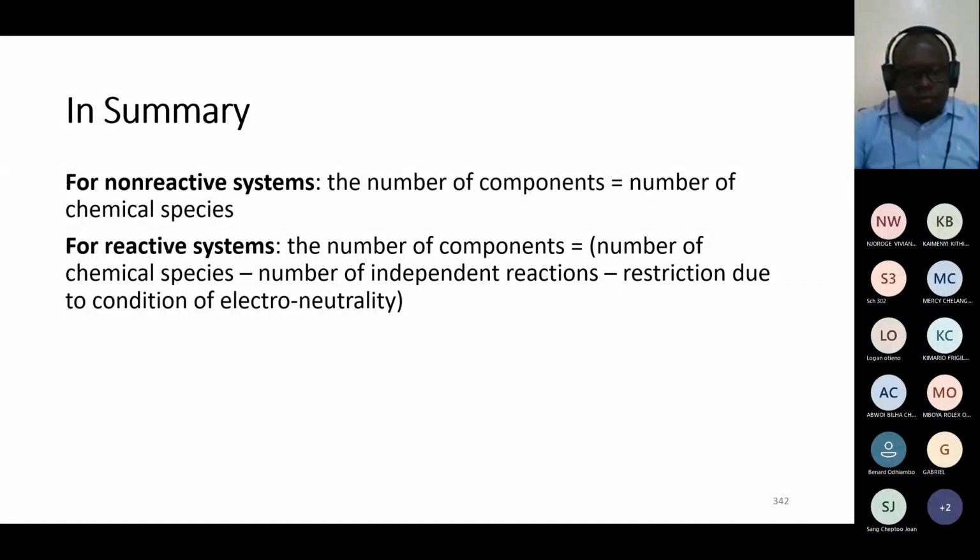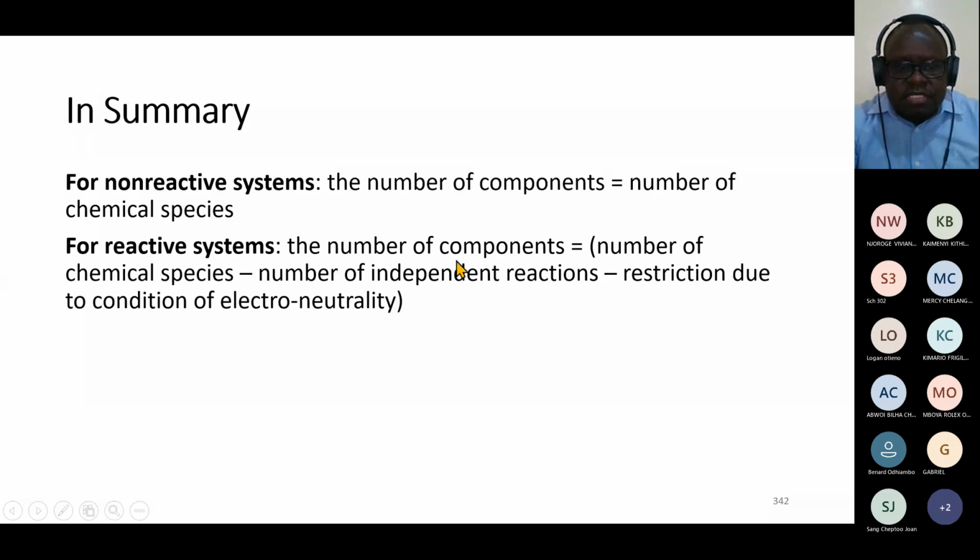So for non-reactive systems, the number of components is given by the number of chemical species. For reactive systems, there's a change in the composition because of the reactions. Maybe the reaction could be dissociation of the components.